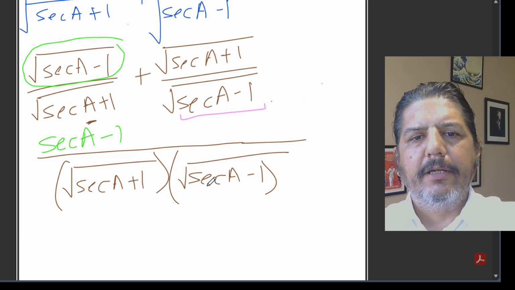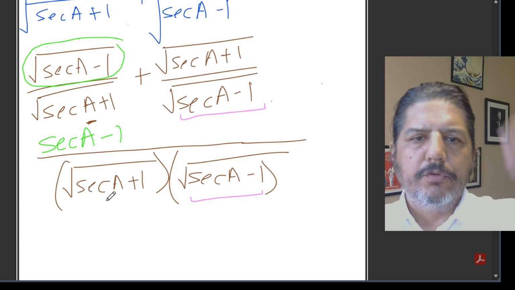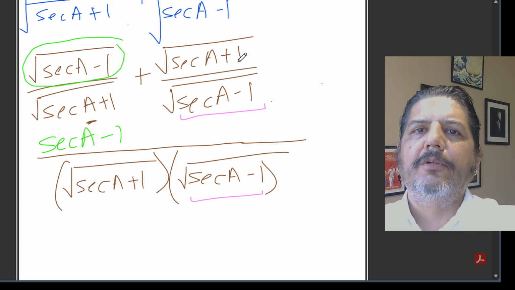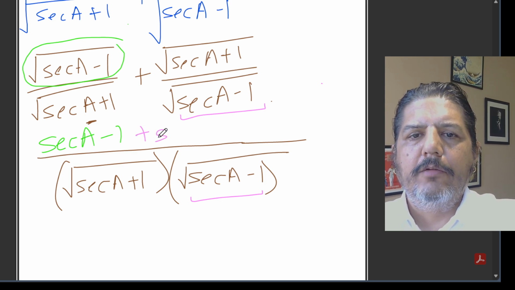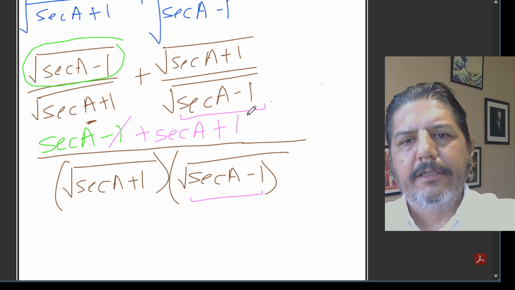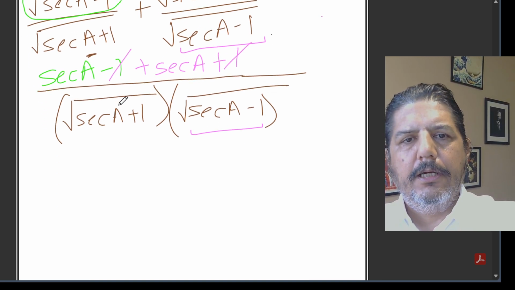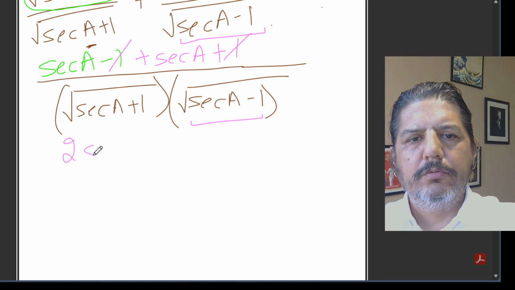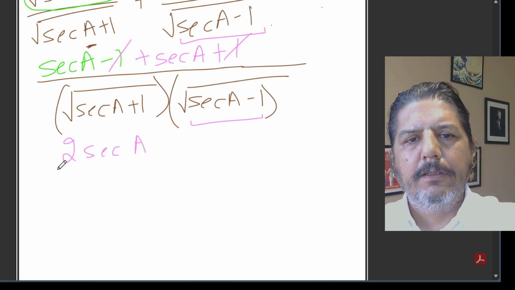So secant a minus 1, secant a minus 1. So here it will be root secant a plus 1 into root secant a plus 1. This will be again equal to secant a plus 1. Now this minus and plus will cancel, and this will be equal to secant a plus secant a. This will be equal to secant a upon.